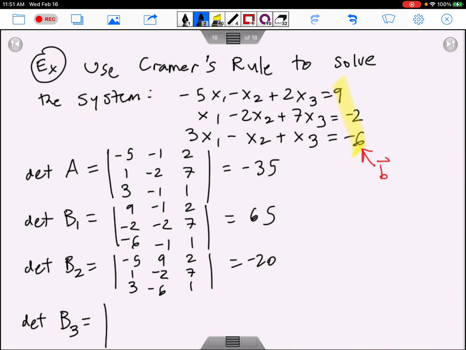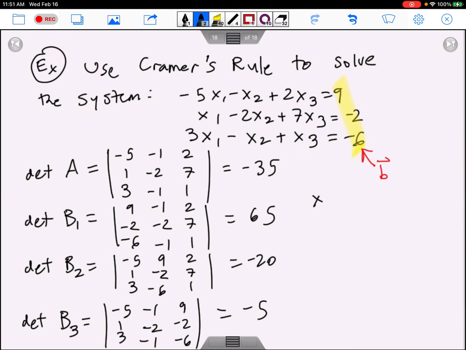This means replace the third column with vector B. So we have -5, 1, 3, -1, -2, -1, and 9, -2, -6. So if we do that, we get -5.